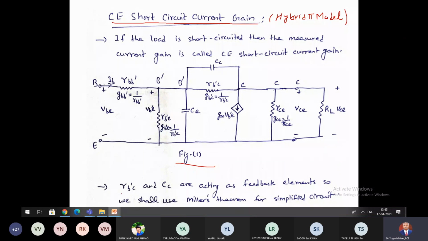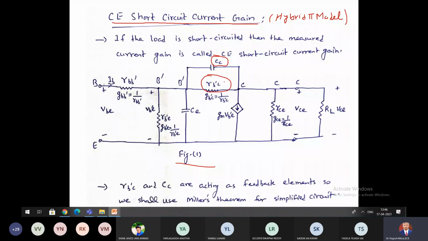Now you see here RCB dash, RB dash C and CC. These capacitances and resistances are acting as feedback elements.